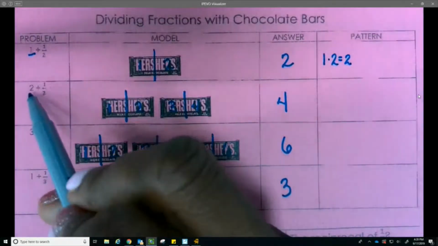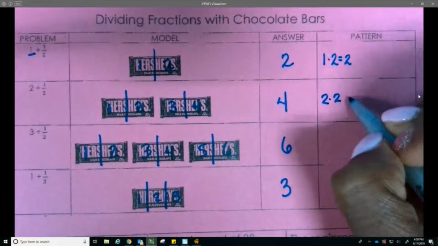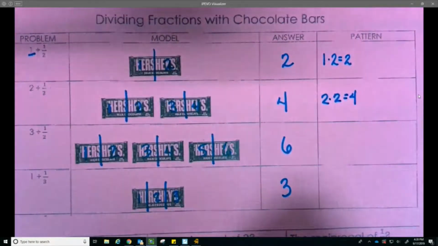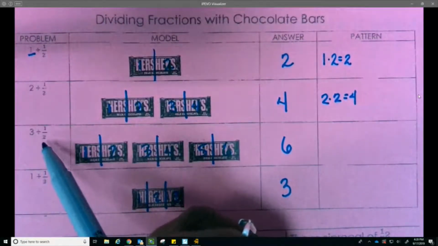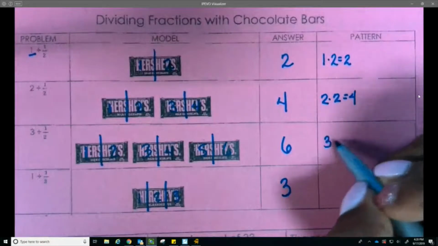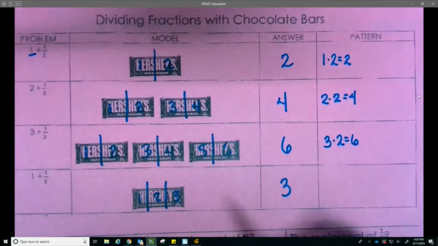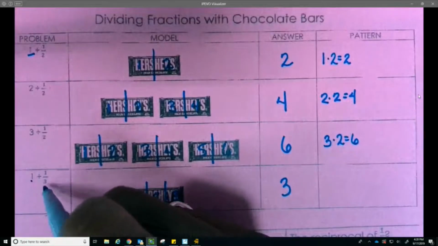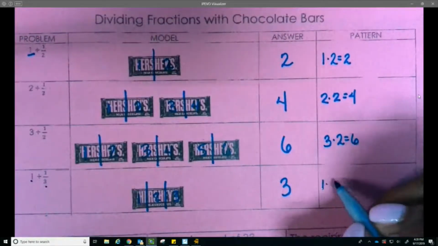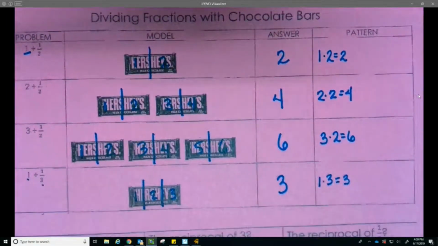Then I get 2 times 2 actually gives me 4. So it looks like the pattern is multiplying this number here times the denominator here, and I get 3 times 2 equals 6. And then this bottom one, I'll see if it still works. This whole number times 3 gives me 3. So there's a pattern here, and let's see if we can figure this.